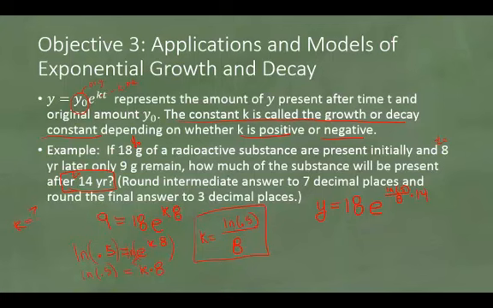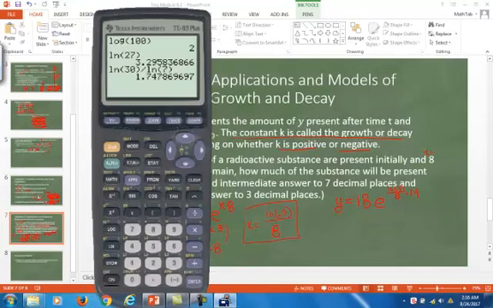Well, let's plug that into the calculator and see what that gives us. This is 18 times e to the, and instead of ln of 0.5 times 14 over 8, I'm just going to write 14 times ln of 0.5 divided by 8.